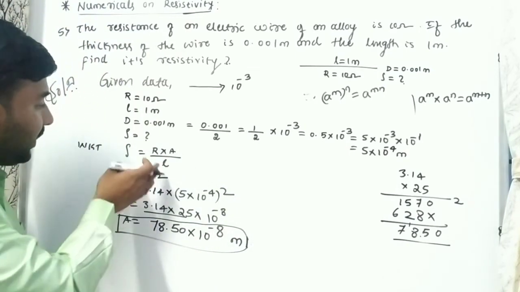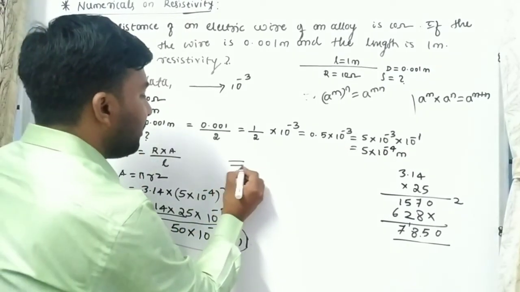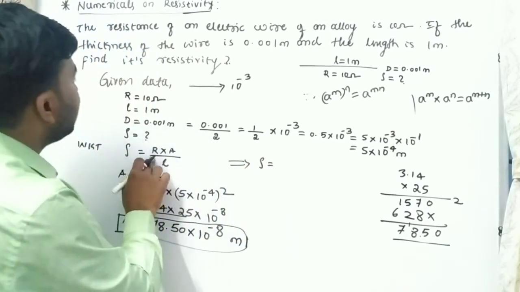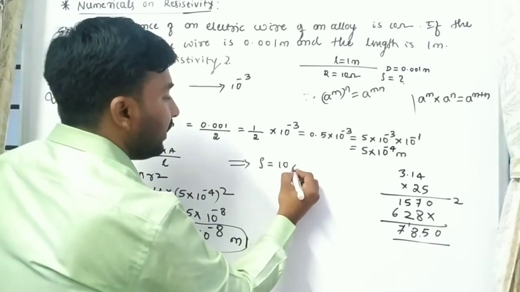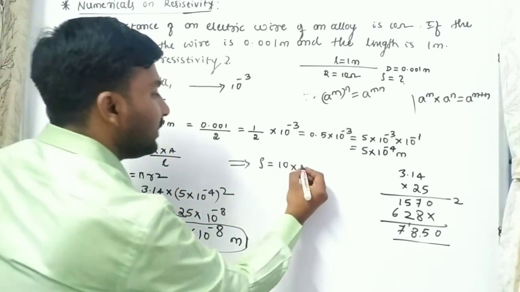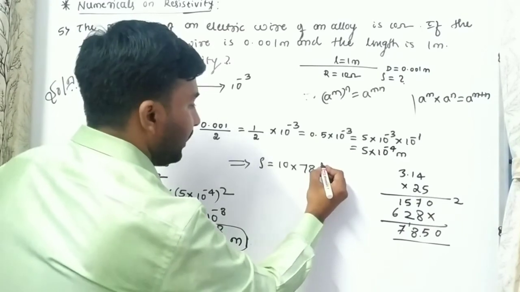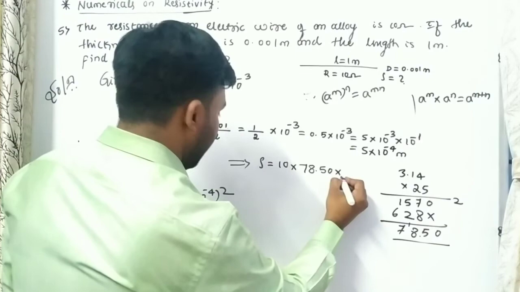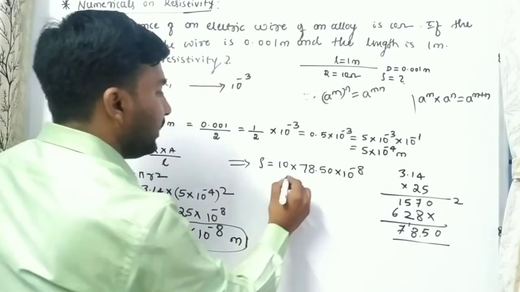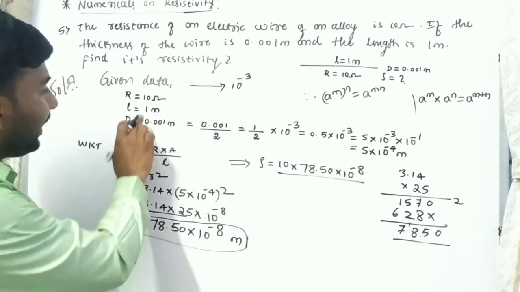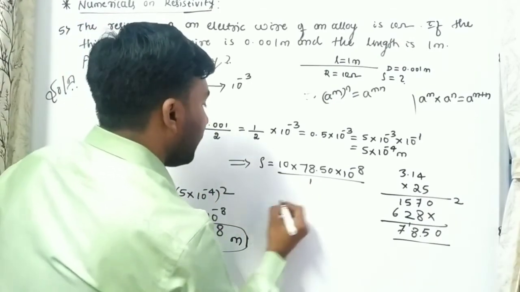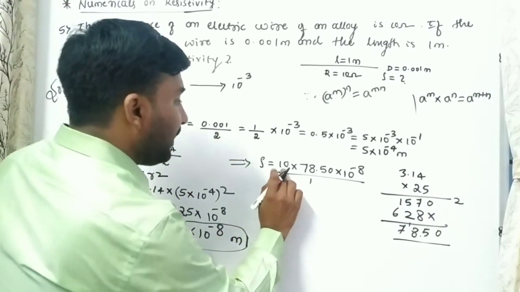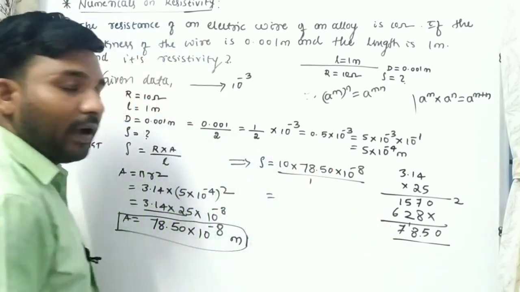Now put this value in the above formula. This implies that rho is equal to R, which is 10, into A, which is 78.50 into 10 raised to minus 8, divided by L. L is 1. So this is equal to 10 into 78.50.